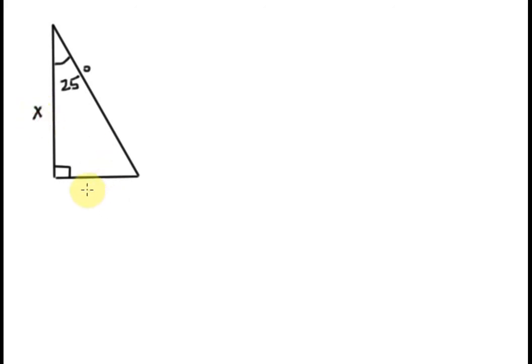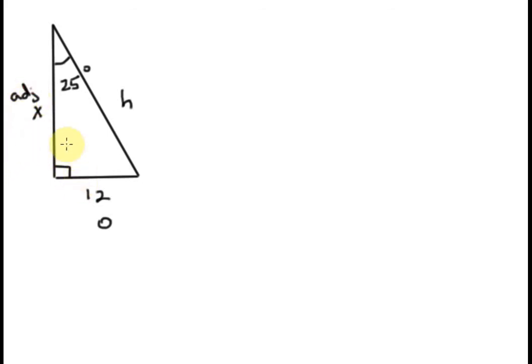We don't know it, and we know this one here is 12. Could be 12 centimeters or meters, whatever. So I look at it and I go, okay, if I label my sides, across from the right angle is the hypotenuse, across from the 25 degrees, this is opposite, and that means x over here is actually the adjacent.